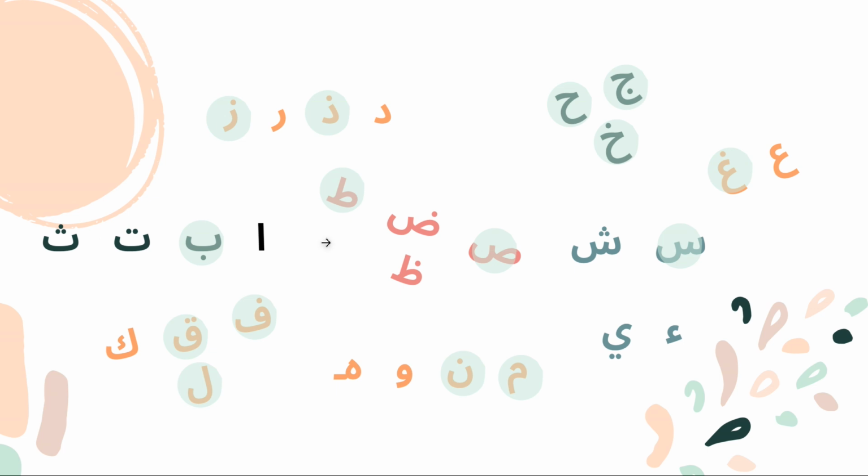Because their characters are different. So this is why it's very important to know the articulation point of each letter and the characters. Because, for example, the letter ta has the hams character, the whisper character, while the letter dal does not have this. So if we add a whispering sound to the letter dal, it's going to be a ta, and vice versa.